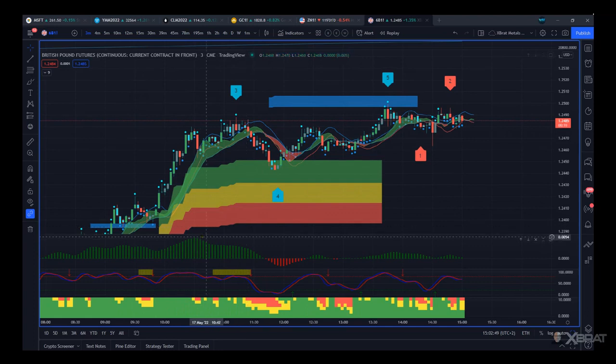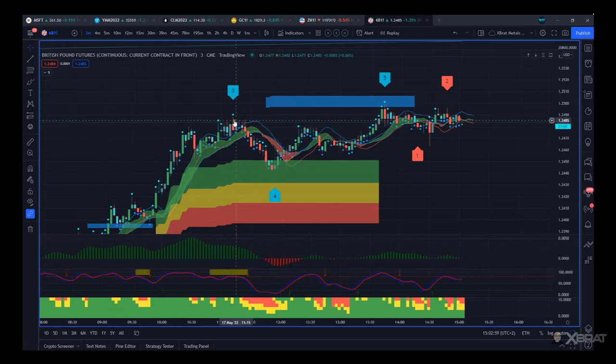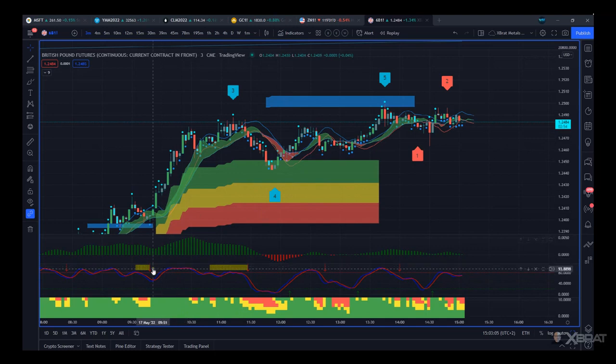On the wave 4, we like to see that crown against the main green here within set parameters, and we do that in our training bootcamp, and we show you how to measure that. So that's again looking at the performance of the wave 4 pullback. And then we have a special false breakout stochastic. So these little yellow dots on top of the stochastic denote a really strong bullish trend.